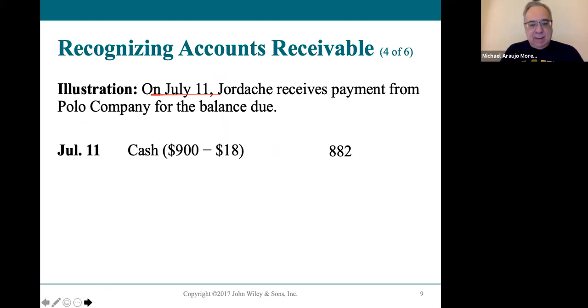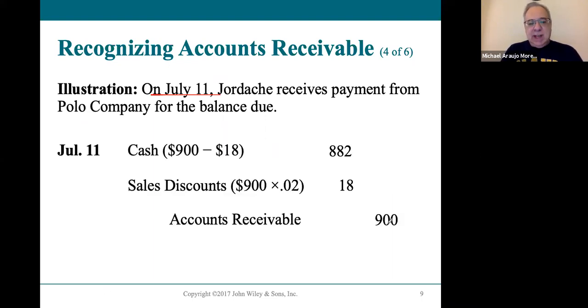Because they've given a discount. So in this case, they say that they no longer have $900 of receivables, but that $900 of receivables only turned into $882 of cash, all right, because they provided an $18 sales discount for early payment.